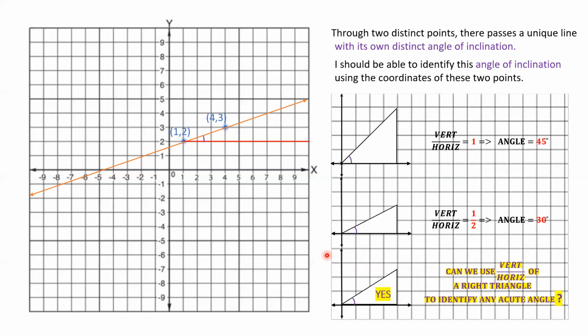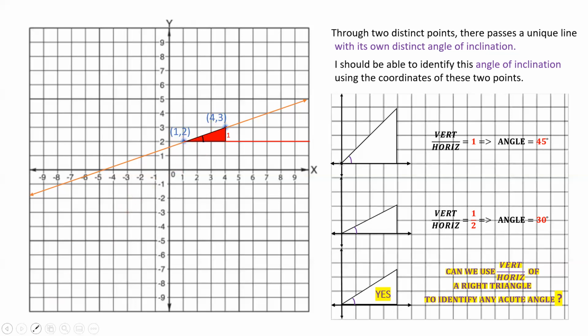So I already have a horizontal segment going from the first point right here. So what I'm going to do is draw a vertical segment going from the second point. So this is my angle of inclination. And now this is the right triangle. Now I could clearly see that the vertical side of my triangle is equal to 1, which is actually the difference between the y coordinates of my points.